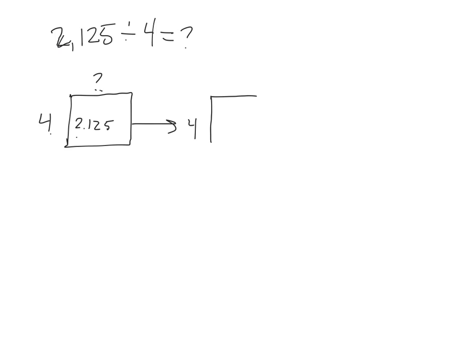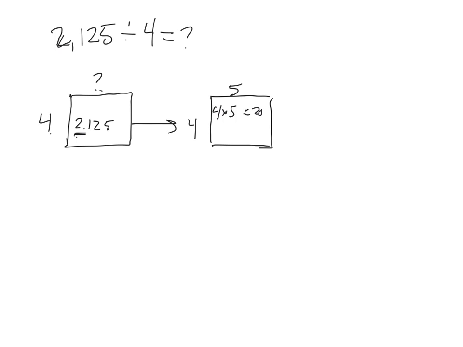If I just look at the beginning of 2,125, 21, I know 4 times 5 equals 20. So in this area model, I'm going to do 4 times 5.